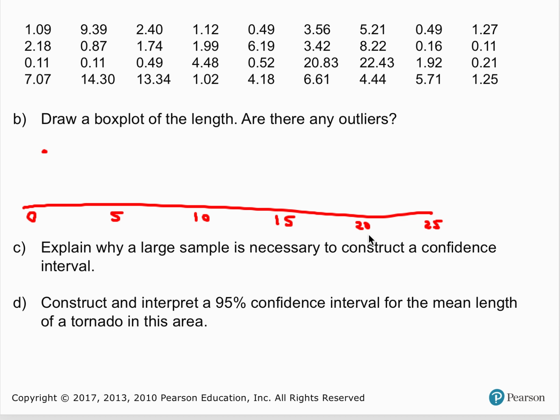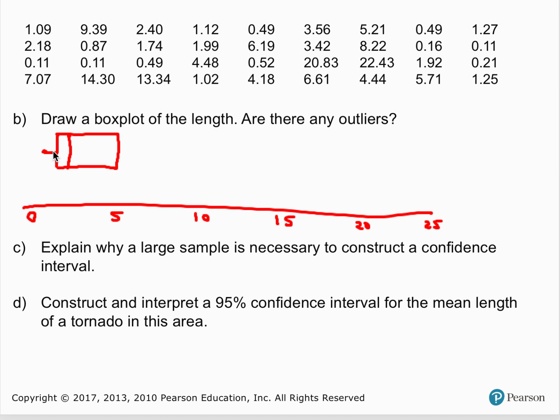All right. Then at 0.695 is my first quartile. My median's at 2.0. Third quartile is 5.95. So there's my box.